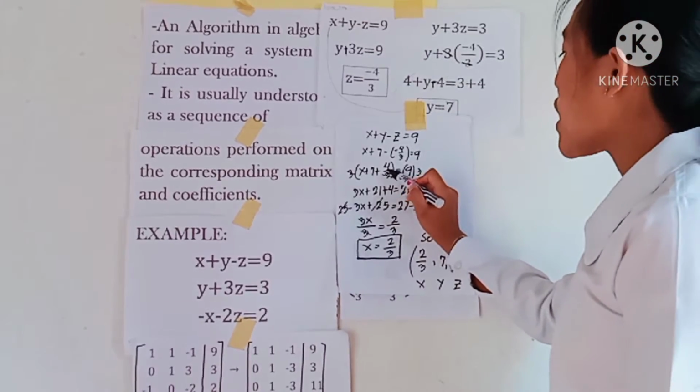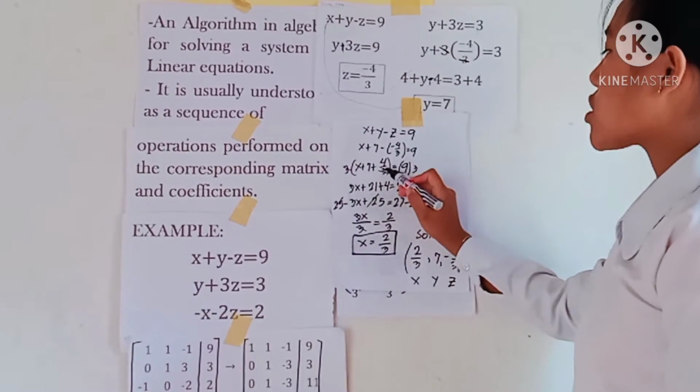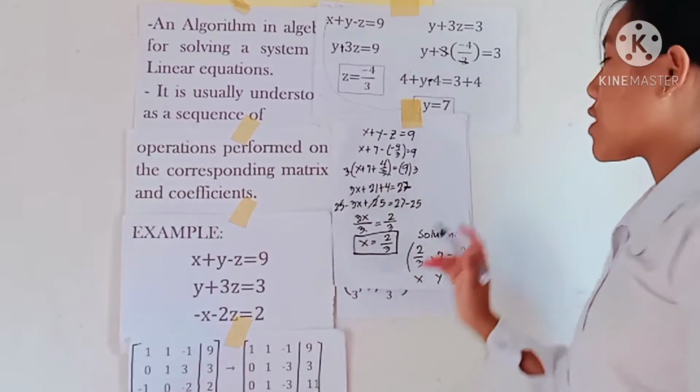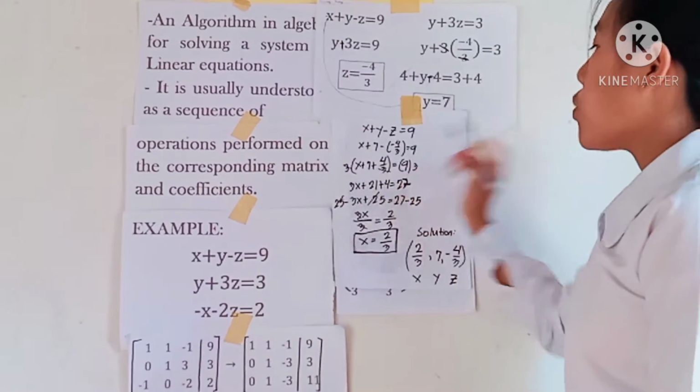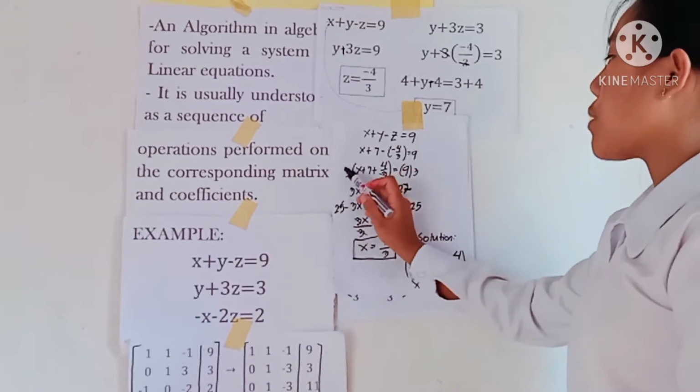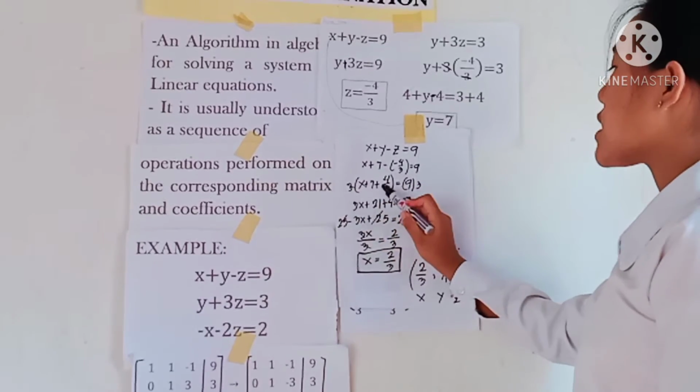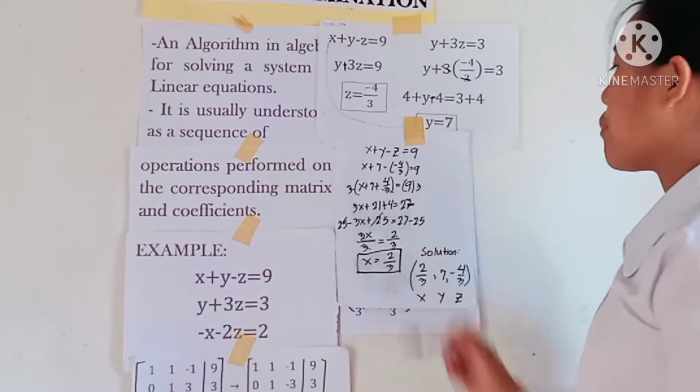Because there is a fraction, we will get rid of this fraction. We will multiply both sides by 3 in order to cancel these numbers.